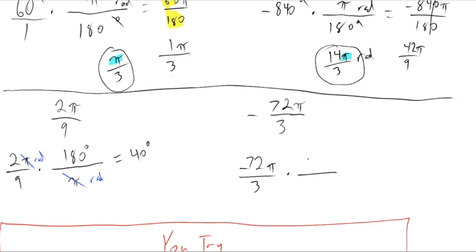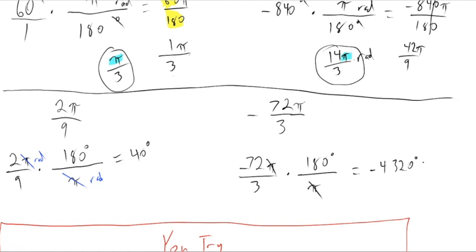So I'm going to multiply by the 180 degrees over pi radians. The pi's are going to cancel, and I can just put this into my calculator, and I get out negative 4,320 degrees. Now, for some of you, that may start to feel a little bit weird.